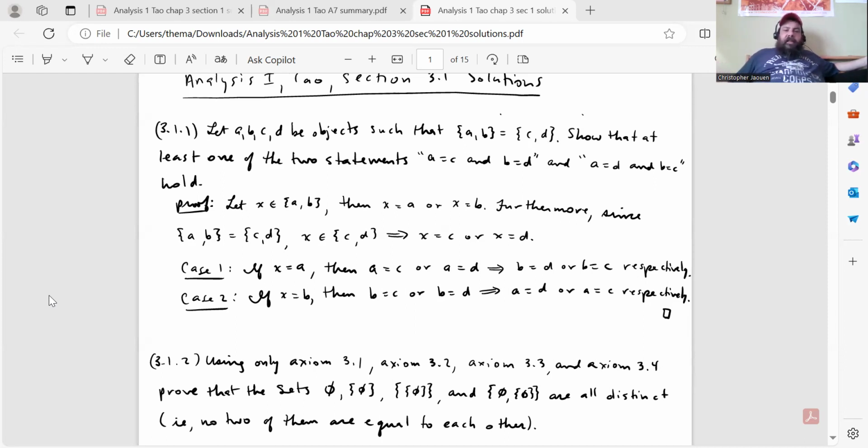Or if A is D, then B is C respectively, and that takes care of the two cases. Case two, if X is equal to B, then B is C or B is D again, because AB is a pair set. That implies that either A is D or A is C respectively, and that's it. That's all you have to show.